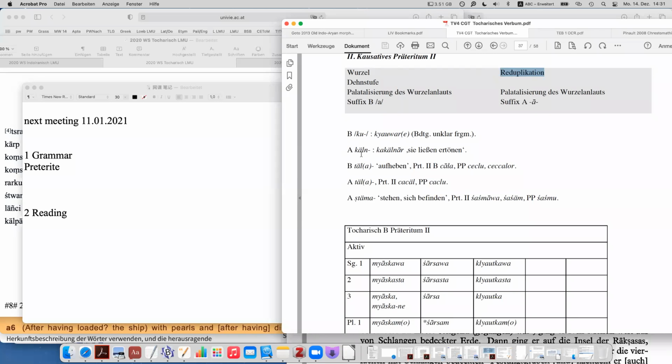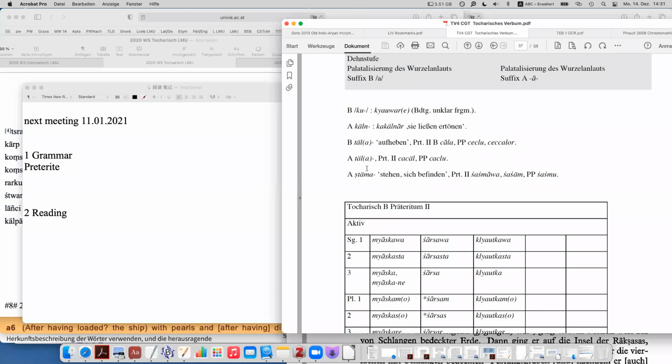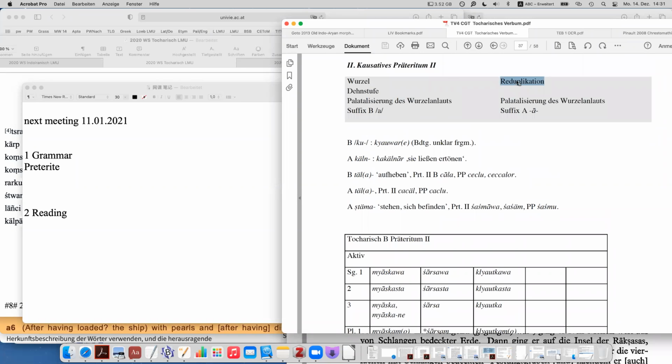Like this word, it's called kern, and you have kakernar, and then ter, aufheben, you have chechar, and so on. Ter and you have chacher and so on. So this is reduplication. Sturmam means stay, and you have shashmal and shashram. So the second class is marked by reduplication. Okay, and this reduplication brings a causative meaning.